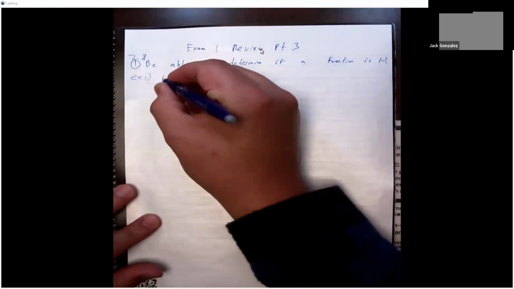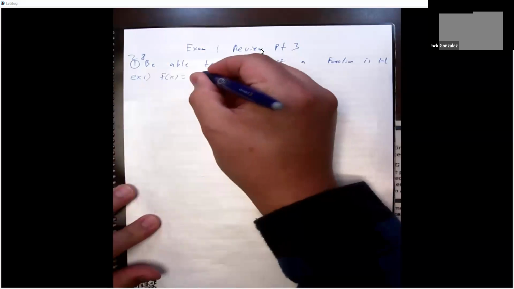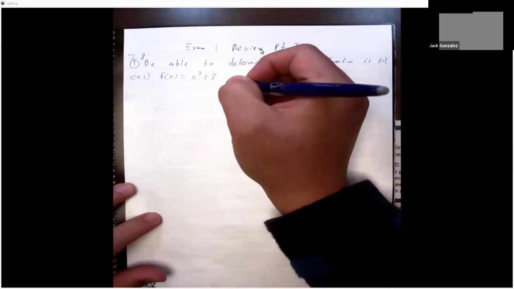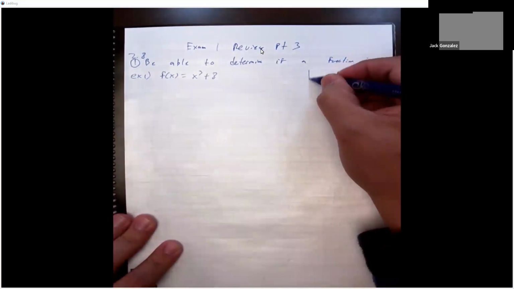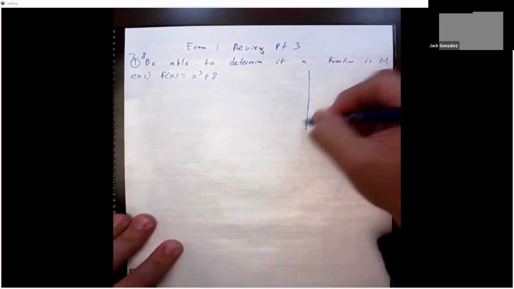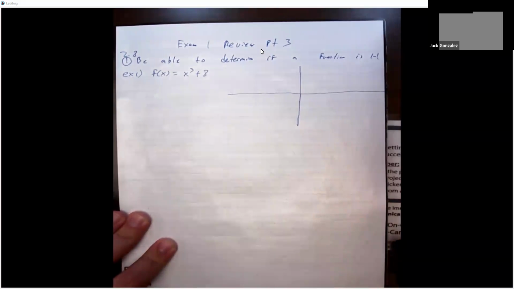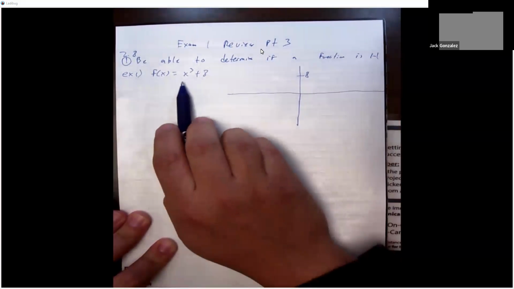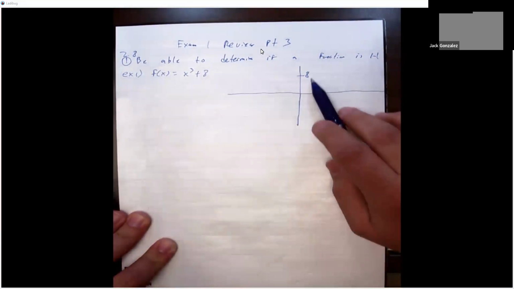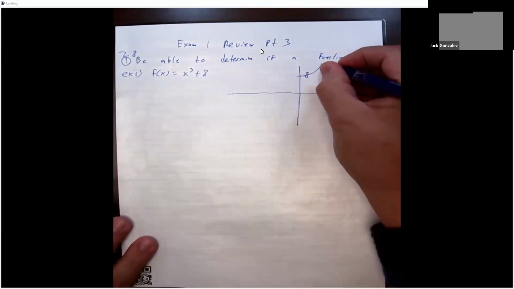Here's your example. I picked this out of the book earlier. f of x is equal to x cubed plus 8. You could just plot some points, use your graphing calculator, or use the definition. If you remember what x cubed looks like, it's just shifted up 8, and it looks something like this.